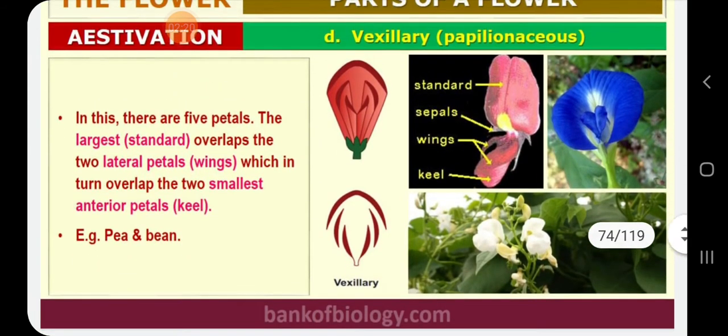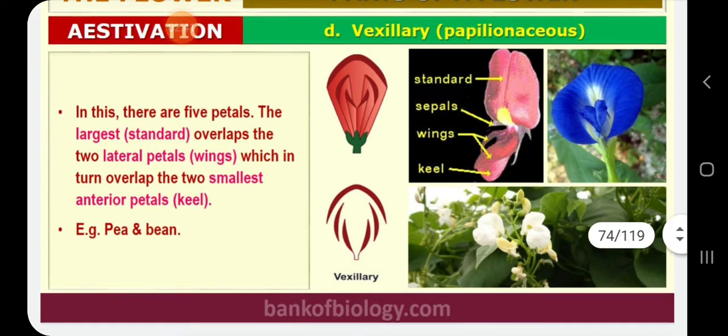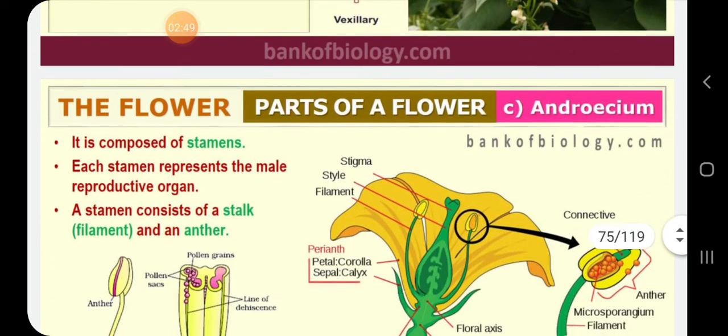Vexillary, also known as papilionaceous, is where the largest petal, the standard, overlaps the two lateral petals, the wings, which in turn overlap the two smallest anterior petals, the keel. For example, pea and beans.